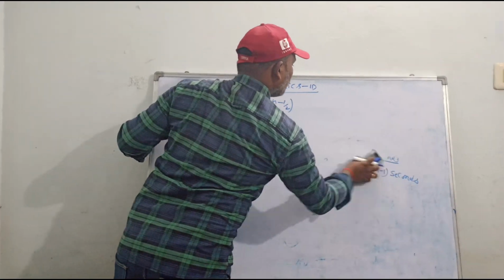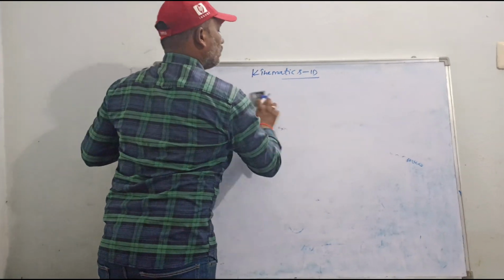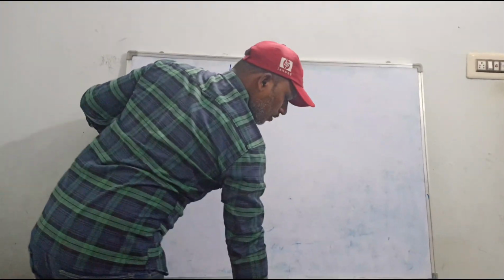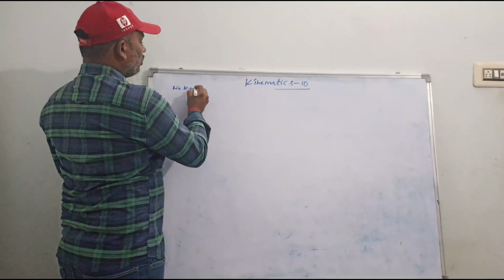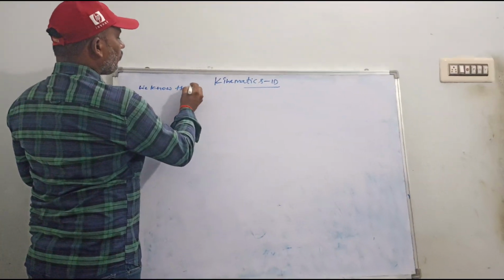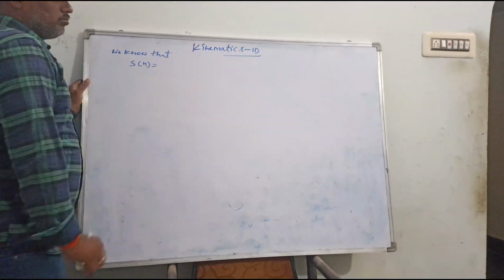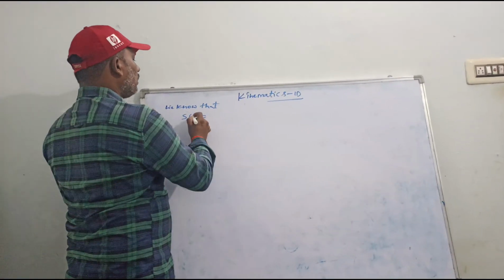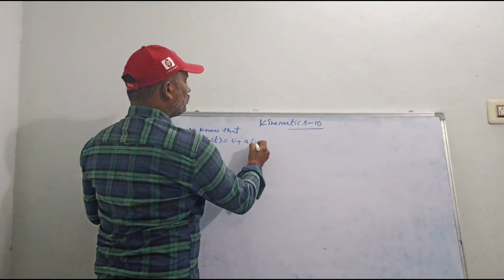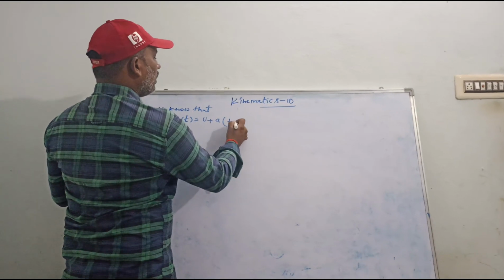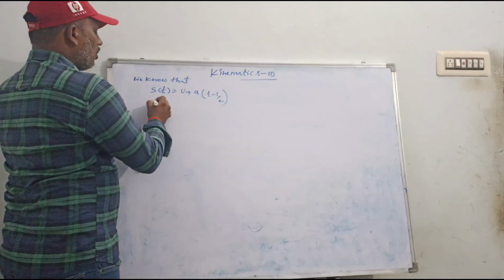So now we start deriving. So we know that, let us say S of t is equal to u plus a into t minus half. Now guys, how will we transform this equation or function when we substitute n?